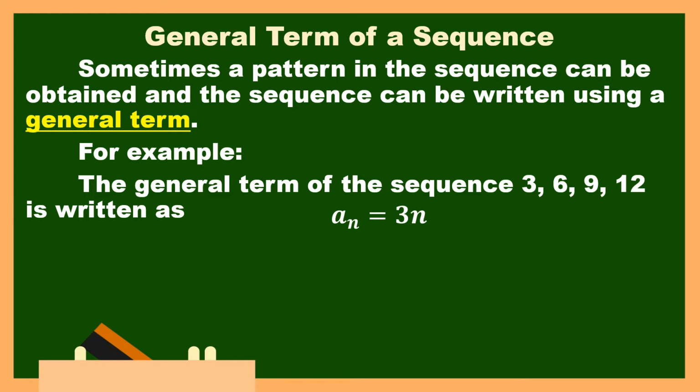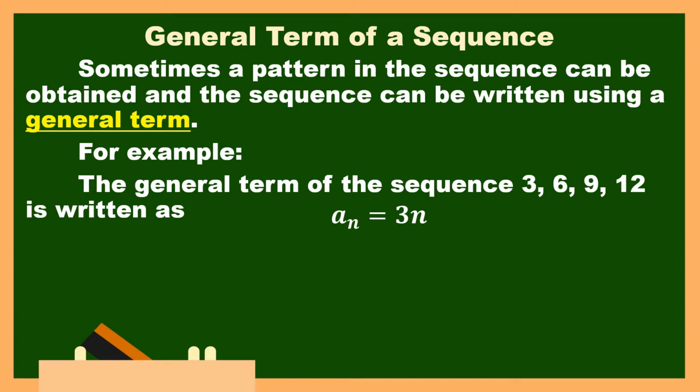And if we get the value of the first term using the general term ng sequence na a sub n equals 3n, so dito yung n is the number of terms. So kung kukunin ang first term, yung n dyan ay papalitan natin ng 1.